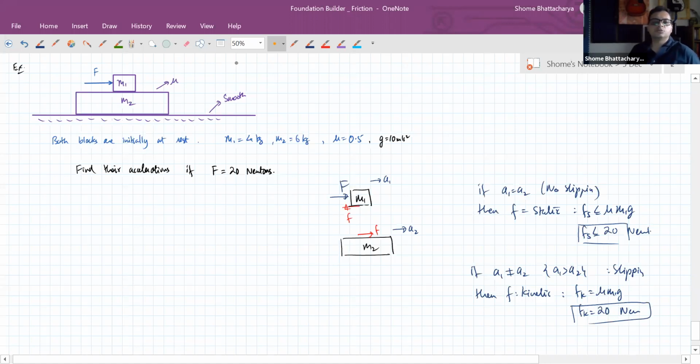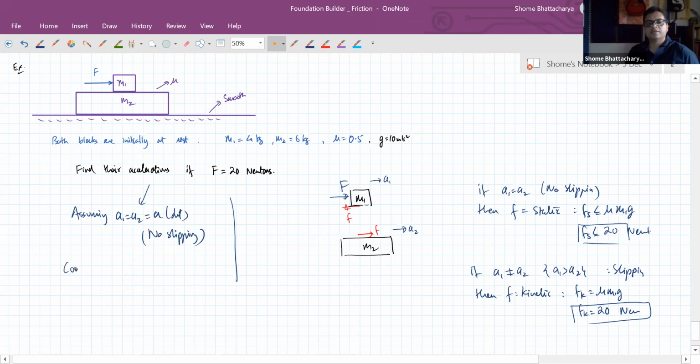So again, to solve the problem, to find A1 and A2, we'll start with the assumption that there is no slipping. Okay.